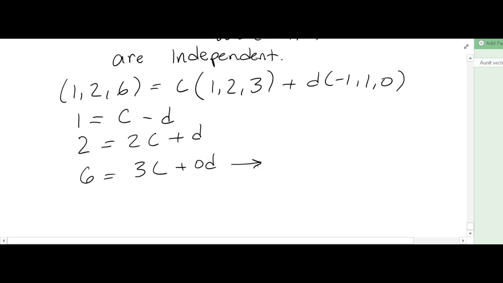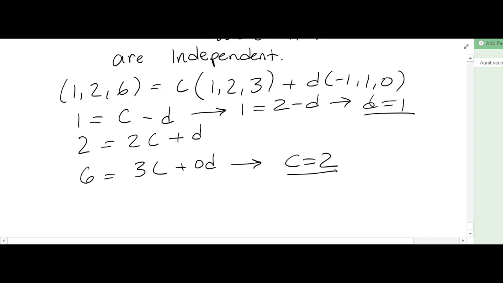So this last equation immediately says that c has to be 2. And then if you put that into the first equation, then 1 is 2 minus d. So d has to be 1.